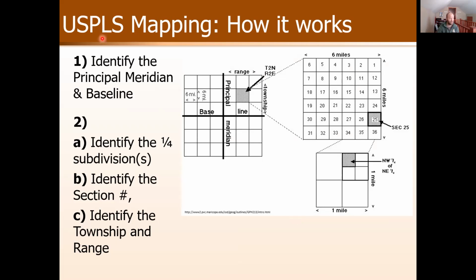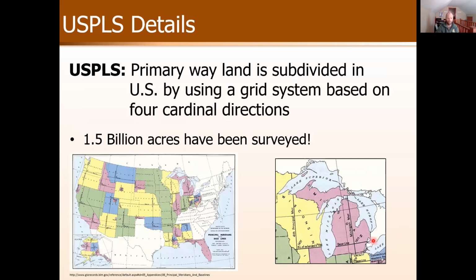Again, as I mentioned, first you need to identify that principal meridian and the location at which it crosses a baseline. To go back, there is only one baseline that crosses each principal meridian. The Michigan meridian only has one baseline crossing it right there.